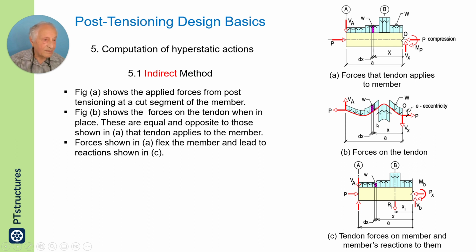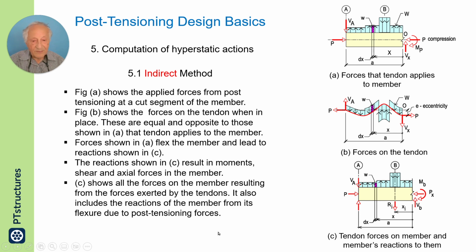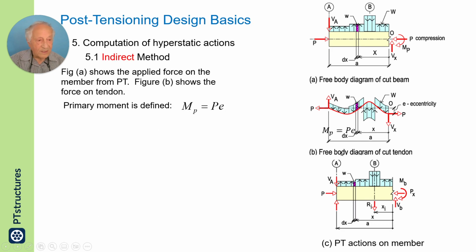But the reaction due to movement here will cause a different bending moment here. P, that is the hyperstatic here, P sub x. And the way I have worked it out, I calculate the hyperstatic moment here from this diagram by simply taking moment of the forces. I show everything here one more time. These are the reactions which are hyperstatic reactions versus the hyperstatic moment.